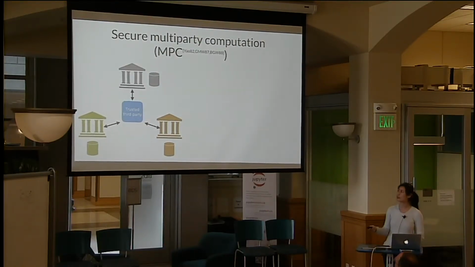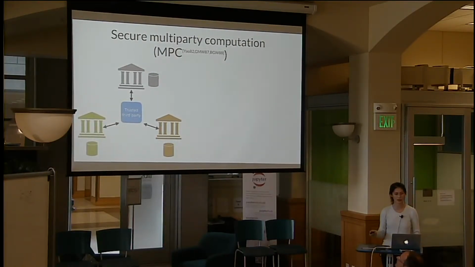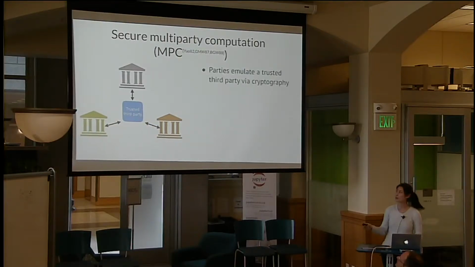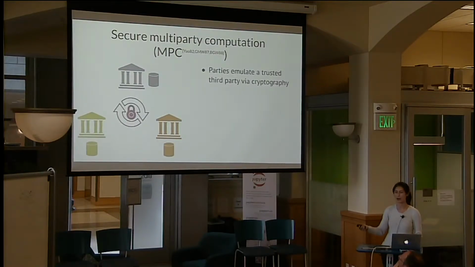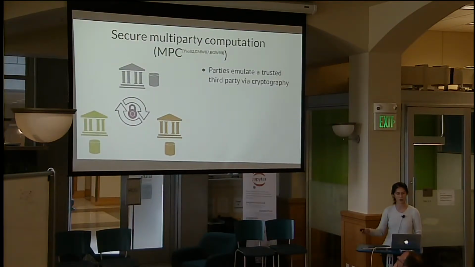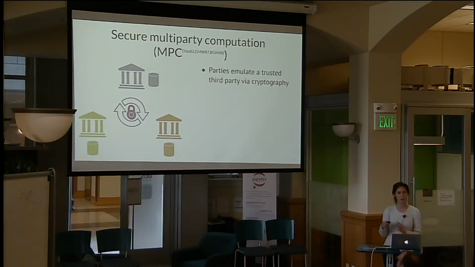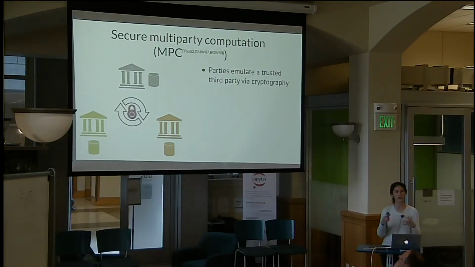The idea for secure multiparty computation is to have the parties emulate a trusted third party via the use of cryptography, but without actually using a trusted third party. In the trusted third party case, you would give the data to this trusted third party, which computes whatever it's supposed to compute and then gives the result back.